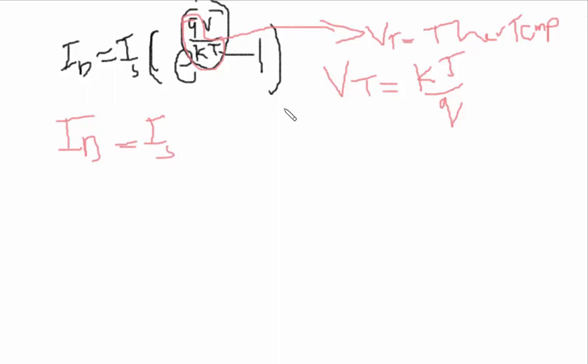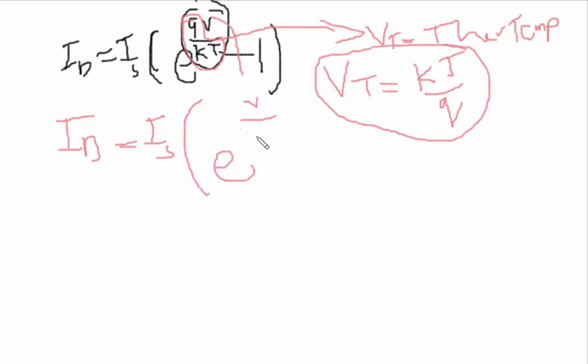So basically this equation I can write as ID is equal to Is e to the power of this V divided by this kT by q, because kT was in the denominator here, it will be numerator, so I can make it as a denominator Vt, minus 1, for simplification.